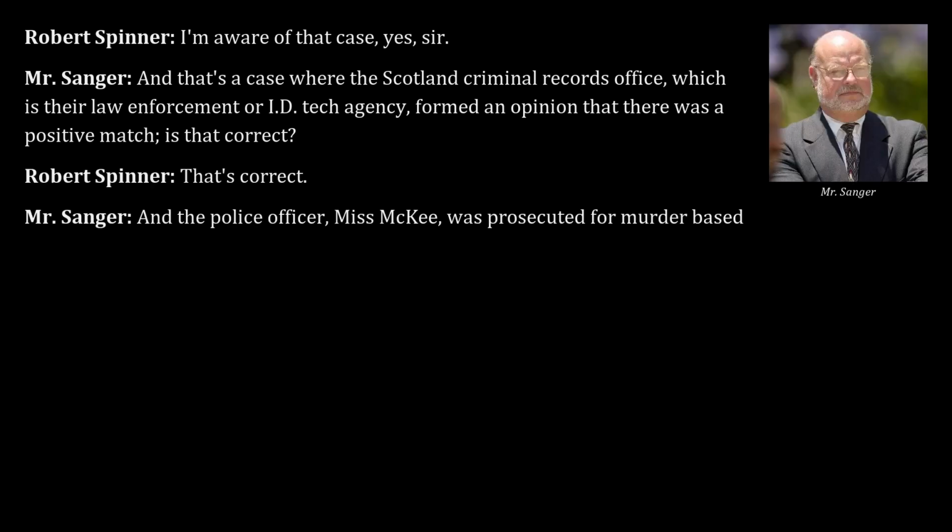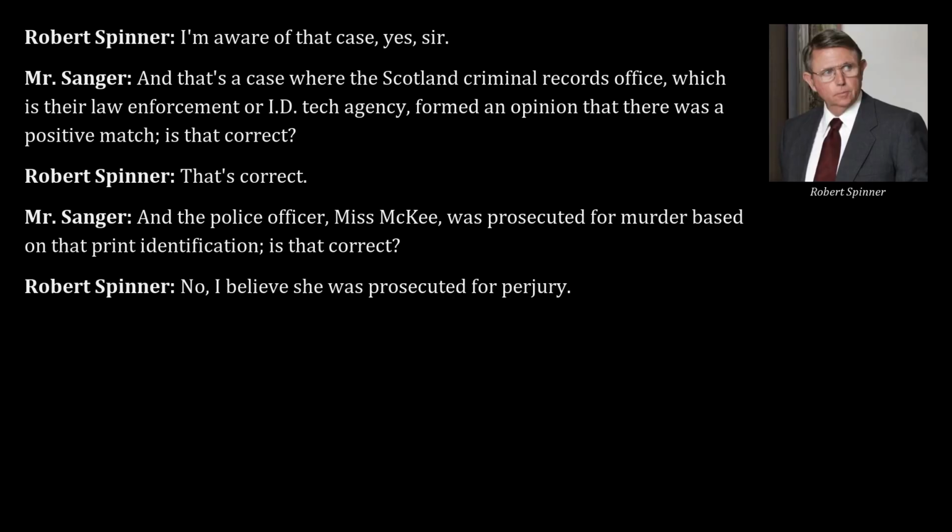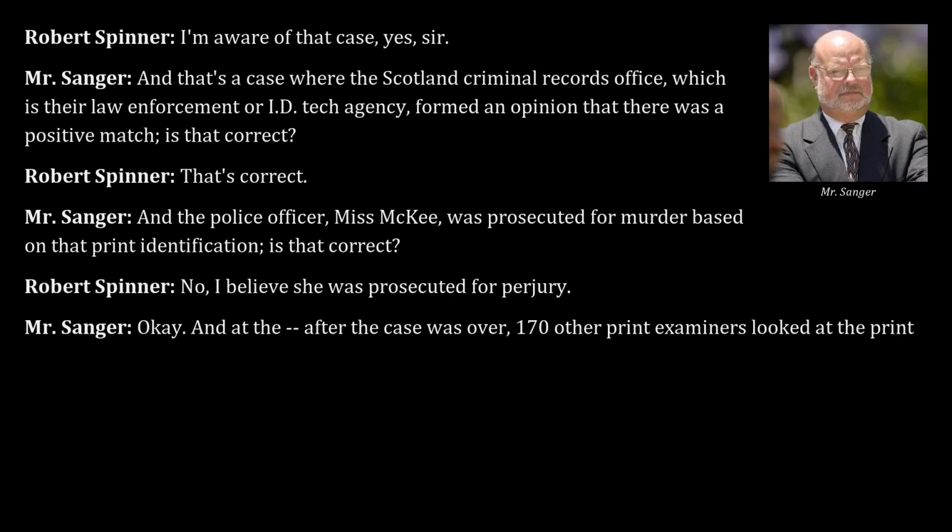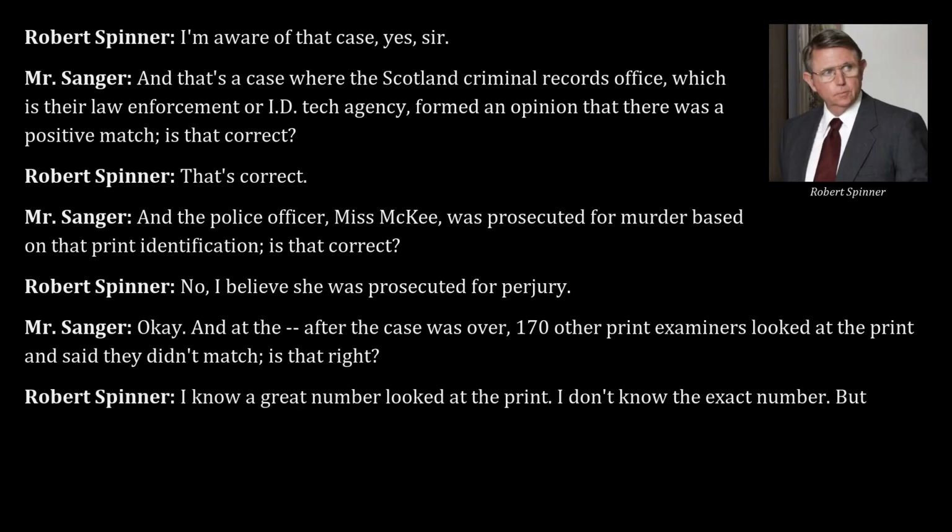And the police officer, Miss McKee, was prosecuted for murder based on that print identification. Is that correct? No, I believe she was prosecuted for perjury. Okay. And after the case was over, 170 other print examiners looked at the print and said they didn't match. Is that right? I know a great number looked at the print. I don't know the exact number.